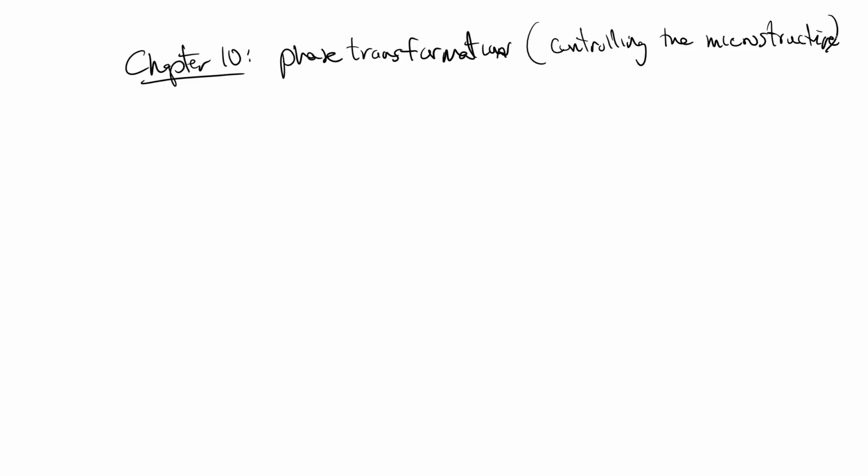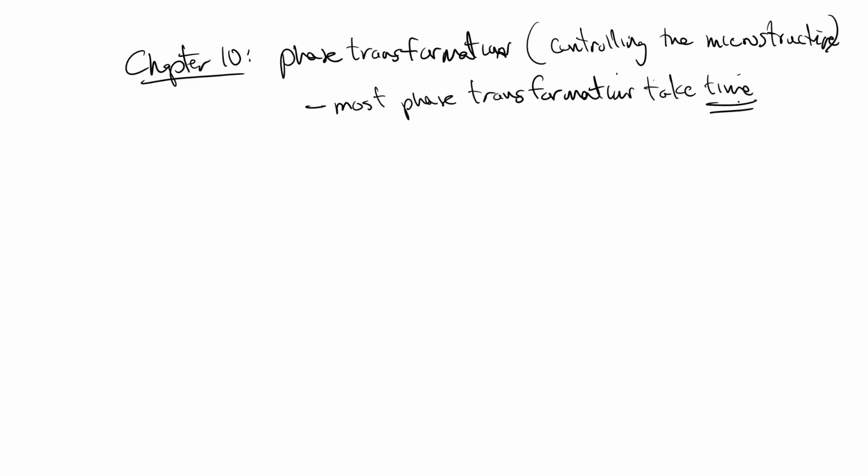Now, let's maybe give you a hint of what we're talking about here and what we're going to get into. One of the themes of this chapter is that most phase transformations take time. They depend on time.